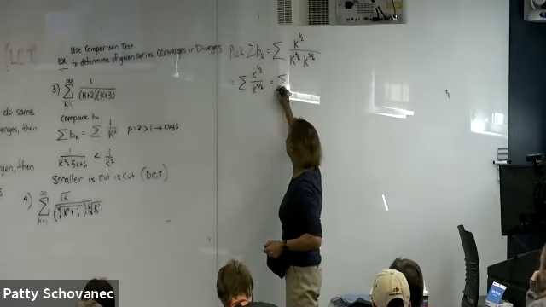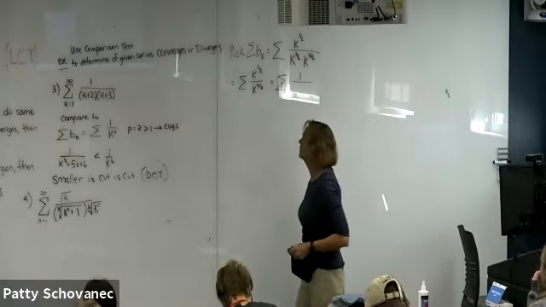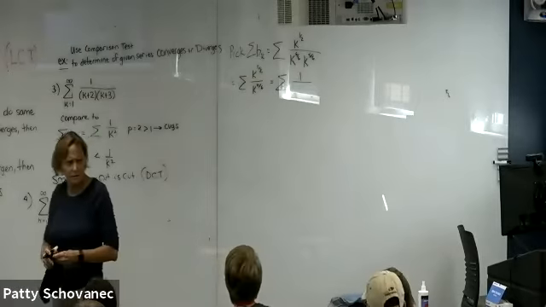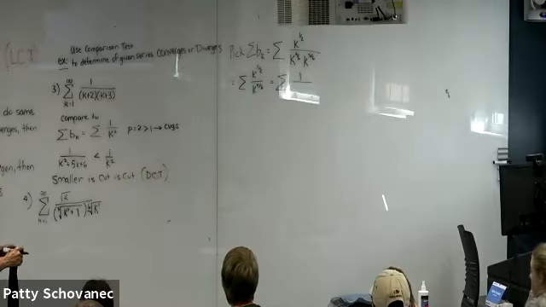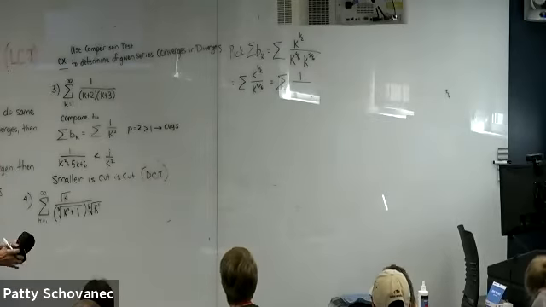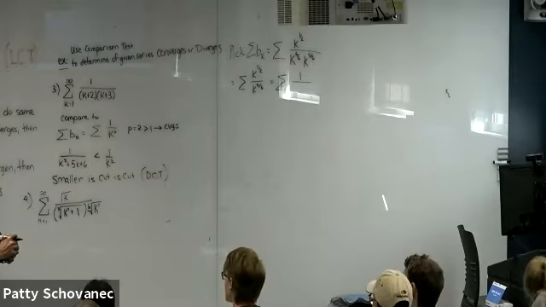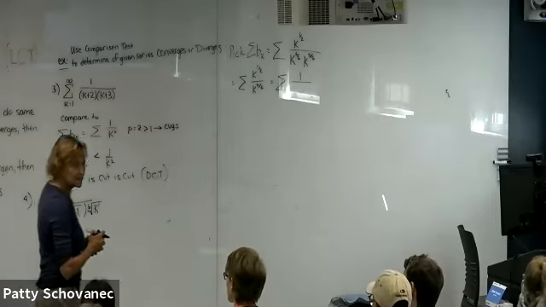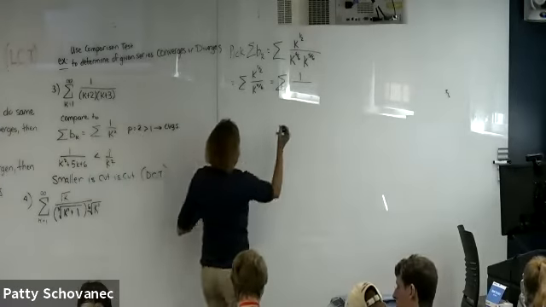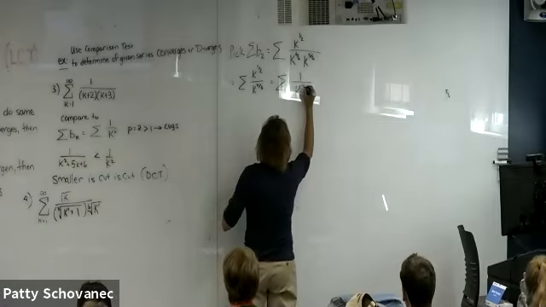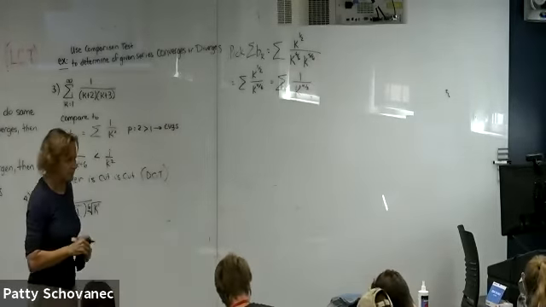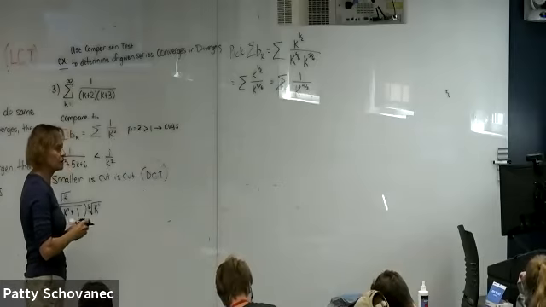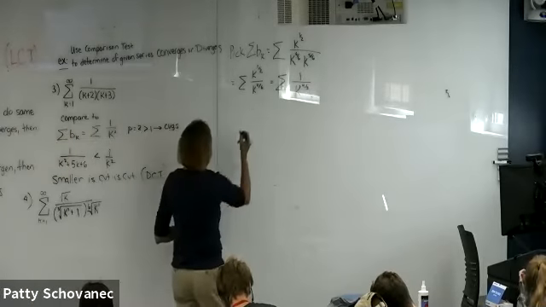Now subtract exponents. That's 3/6 on the top, 11/6 on the bottom, 11/6 minus 3/6, 8/6 or 4/3. My gosh, we finally have a p series. p is 4/3, which is larger than 1, so it's a convergent p series.